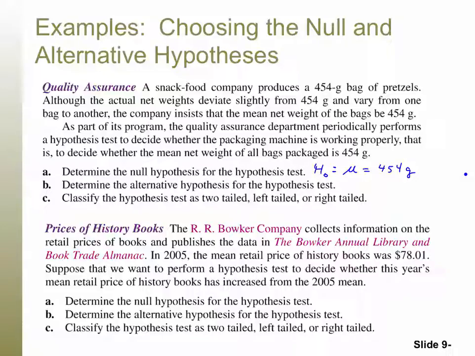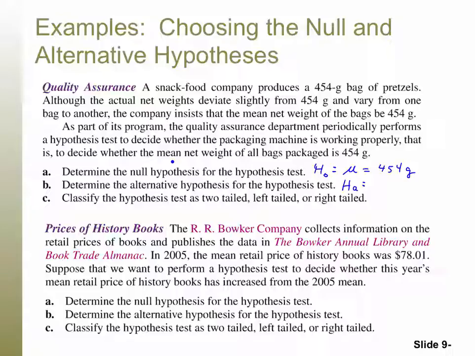Okay, alternate hypothesis. Now we have three choices, right? We've got H sub A, and it's going to be either the two-tailed test, the left-tailed, or the right-tailed. To figure out if it's left or right-tailed, there has to be something in here saying we want to know if it's significantly lower, or significantly higher. If it doesn't say anything like that, then you're basically looking at the two-tailed test.